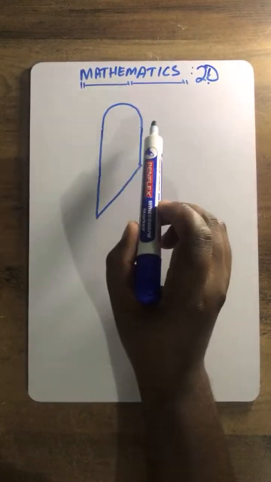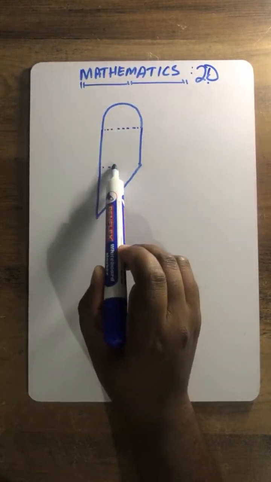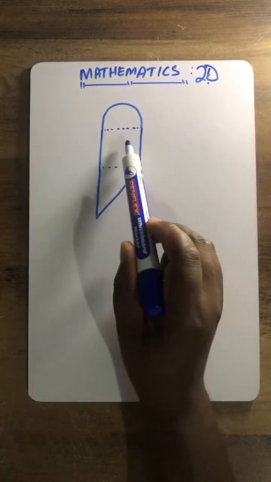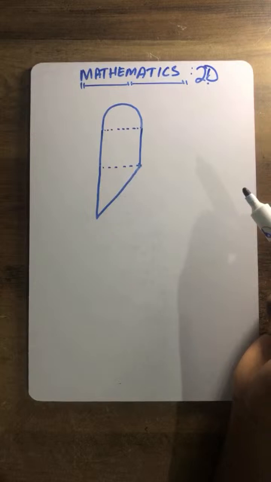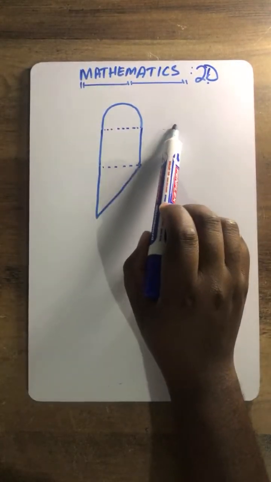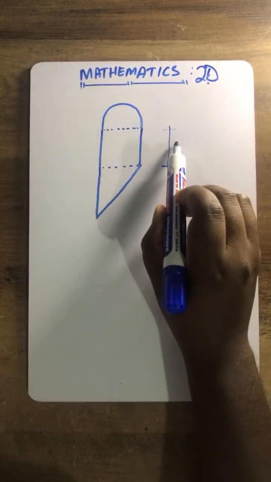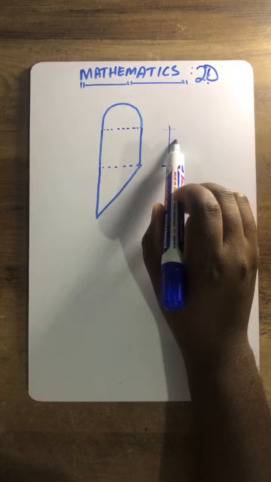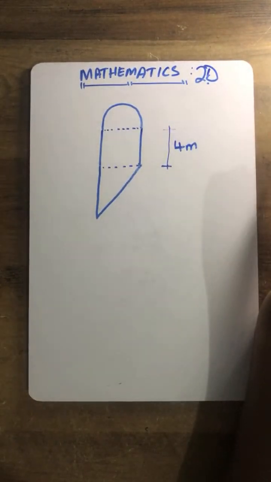Okay. That one is half a circle, and then you have a rectangle, you have that shape and then that there. And then from there to there, let us make it 4 meters.